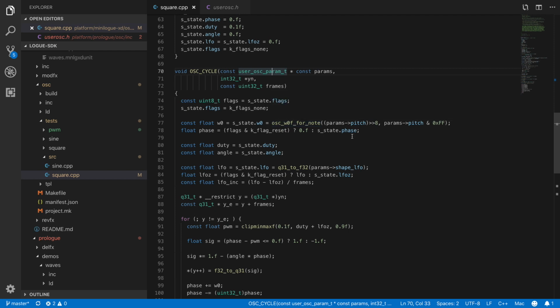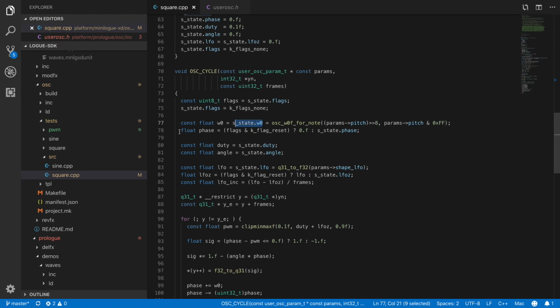So we will pass the pitch and the fine pitch to this function, and the function is going to yield a phase increment that we are going to store in the state variable W0 and also into W0 in the local scope of the function here.